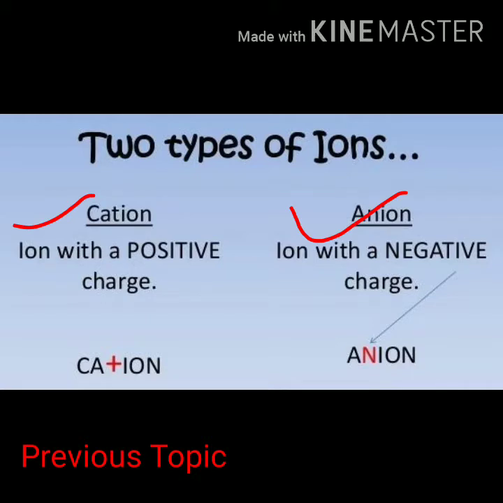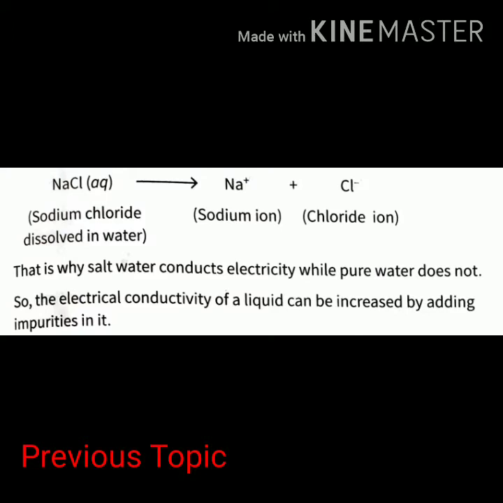A cation is an ion with a positive charge on it and an anion is an ion with a negative charge on it. Next we discussed that when sodium chloride is dissolved in water, it dissociates into Na positive ion and Cl negative ion.